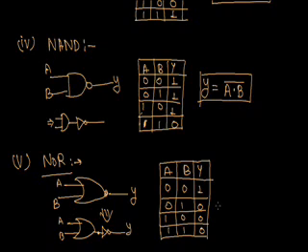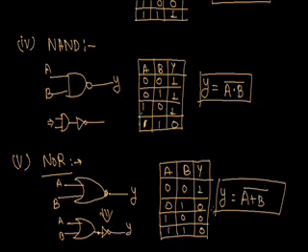So in a NOR gate, if any input is 1, then we get 0. So the equation is like this. This is our NOR gate.